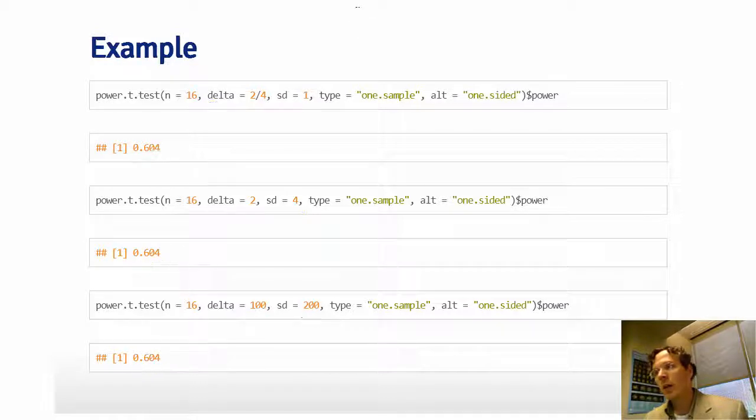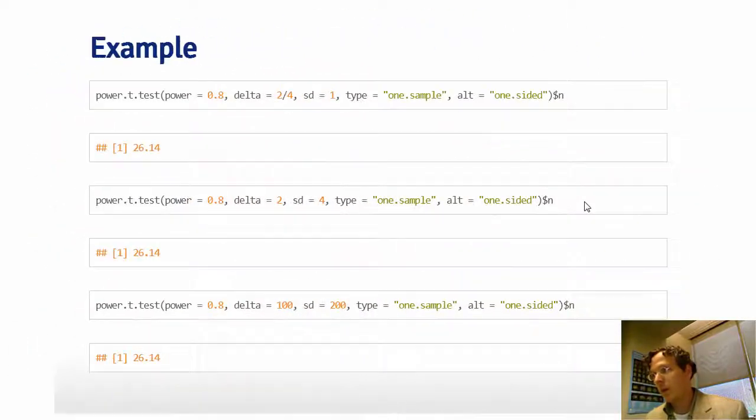Let's go through a couple more examples of using power.t.test. Now, in all of these cases, I calculated power while inputting n, delta, and the standard deviation. Now, let's try to calculate sample size where I give power.t.test the power that I would like.